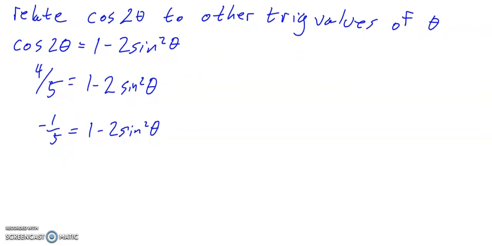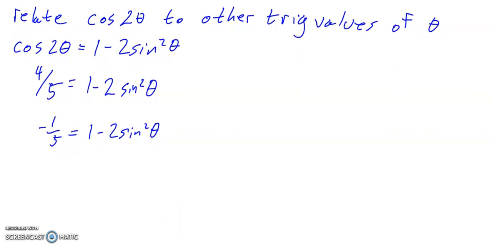Now I'm going to divide both sides by negative 2. Dividing by negative 2 is the same thing as multiplying by negative 1/2. So I'm going to get 1/10 equals sine squared theta.